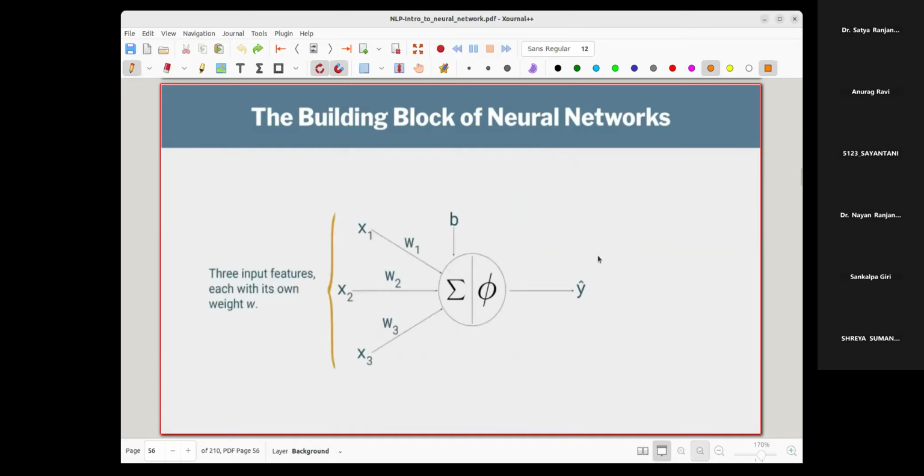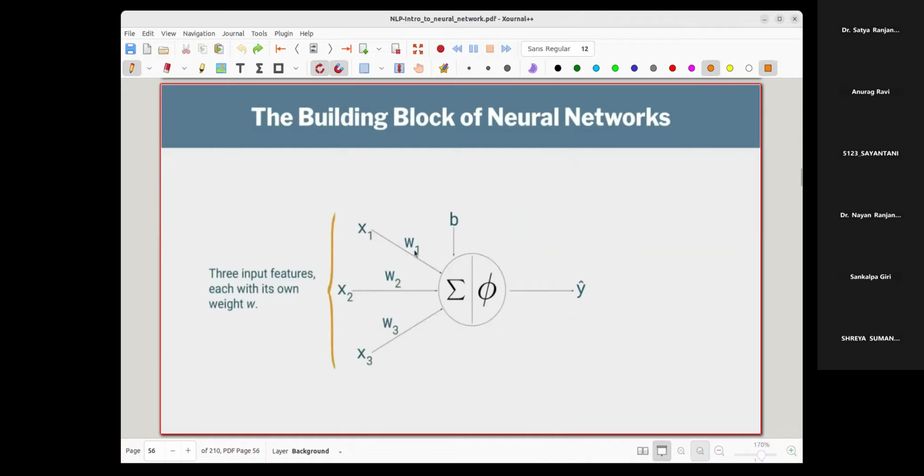Now instead of taking one input, suppose you have multiple features, more than one feature. Your input x is nothing but the features given in your data set. Let's say you have three features here, x1, x2, x3, and each feature has its corresponding w1, w2 and w3.